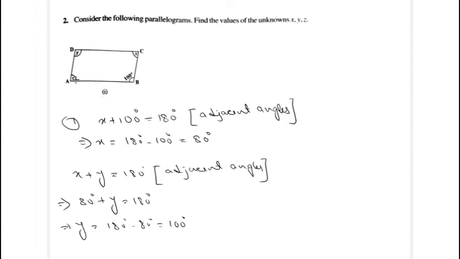Now come to z. So y and z are adjacent angles, or 100 and z, these two are also adjacent angles. We can take any one. So we will go for z plus 100 equals to 180 degree. Again same reason, adjacent angles.